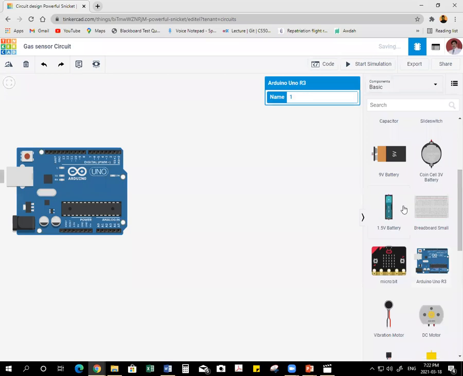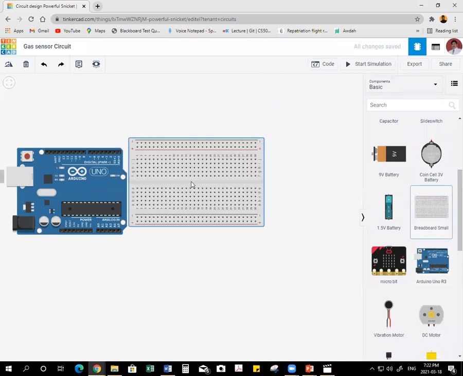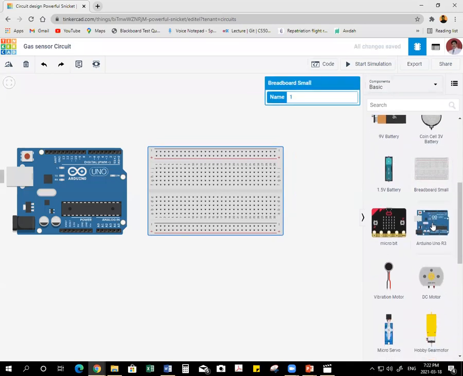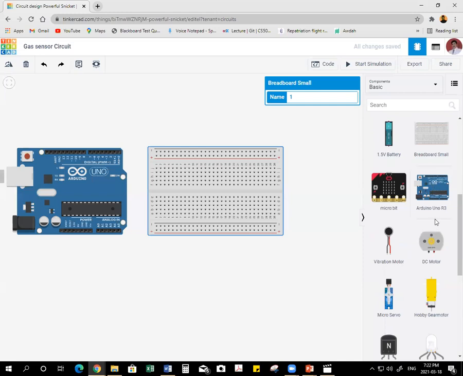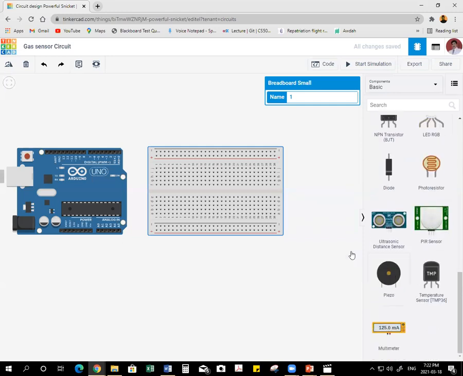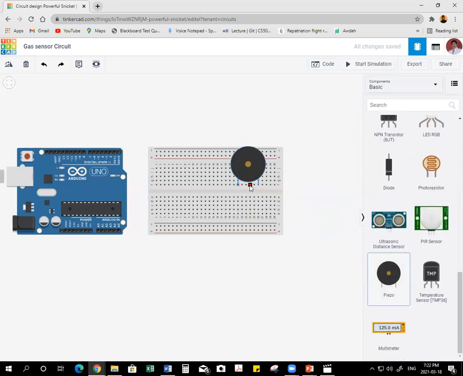Next, I need a breadboard so that I can connect easily. Without a breadboard it's also okay, but we have many connections. Because when the gas sensor is detecting, we must have some output. It will be a buzzer, here a piezoelectric buzzer.